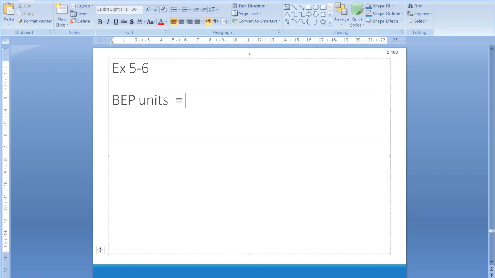So this is simply using the formula method, which is fixed expenses divided by the contribution margin. Okay, so this equals, the fixed expenses are $4,200 divided by the contribution margin, which is the difference between the price 15 and the variable expense. So 15 minus 12, so 3.